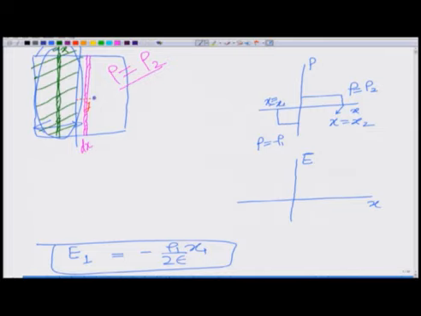That will be dE 2, and since it is positive charge, the electric field is towards the right at this point. The equivalent surface charge density is rho 2 dx, divided by 2 epsilon. So E 2, the electric field because of this much, gives me a field towards the right. With this length being y, E 2 will be rho 2 times y divided by 2 epsilon.